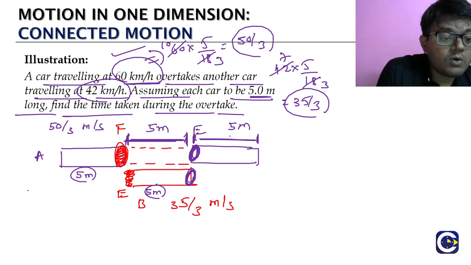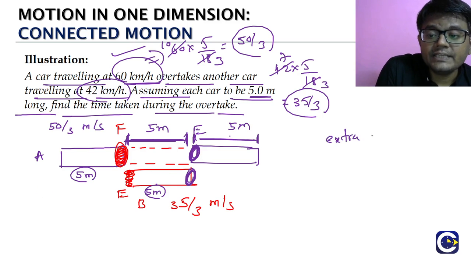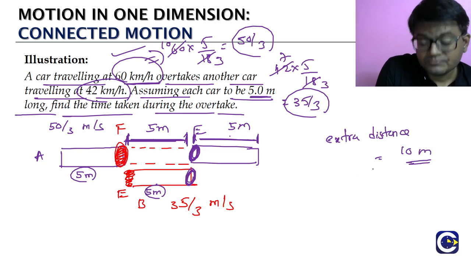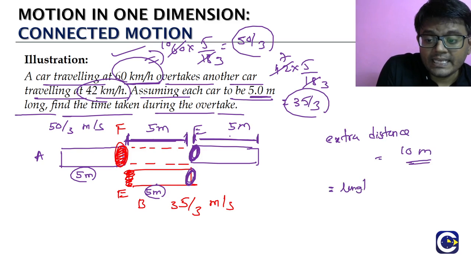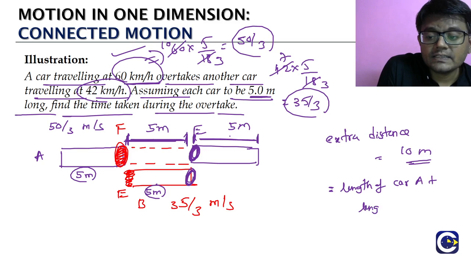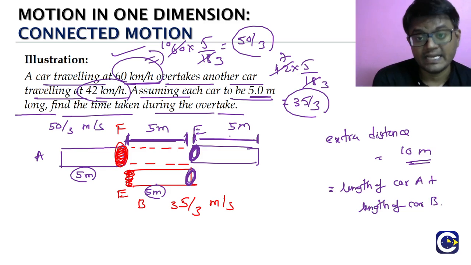So in this overtaking time, whatever the time in which the overtaking is happening, car A will be traveling how much extra distance? 5 plus 5, 10 meter, which is nothing but the length of car A plus the length of car B. Sometimes car A and car B can have different lengths.